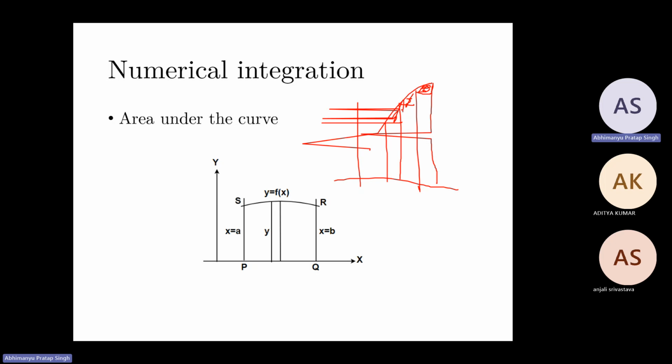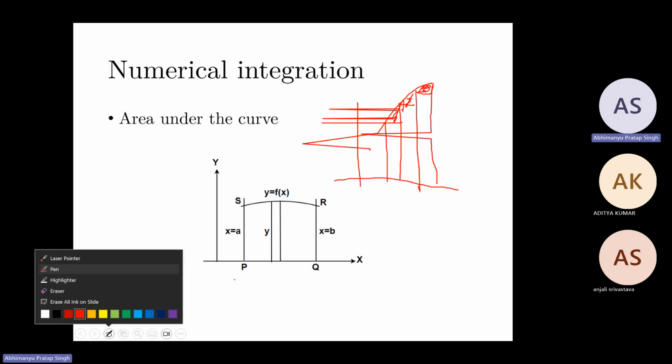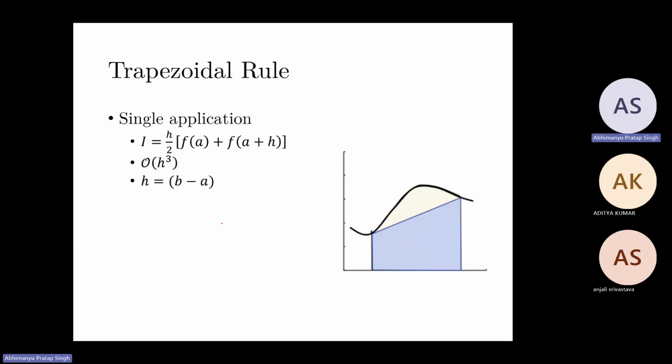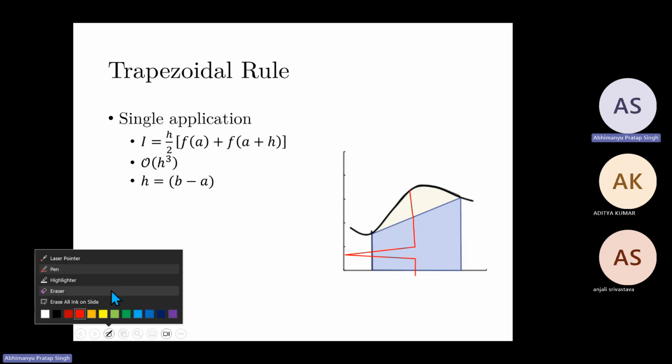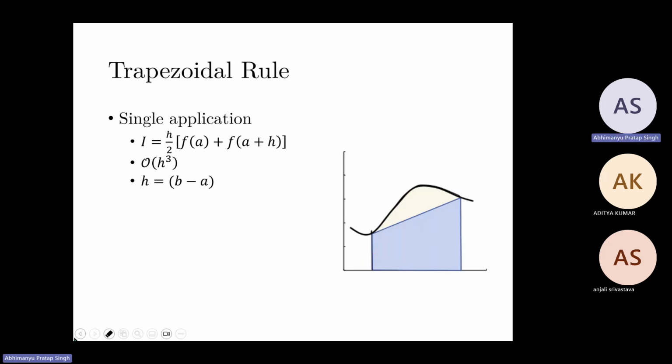So instead of just evaluating these different points like this, instead of evaluating the entire thing as these rectangles, we try to approximate them using trapezoids.